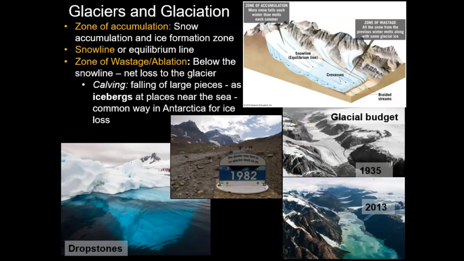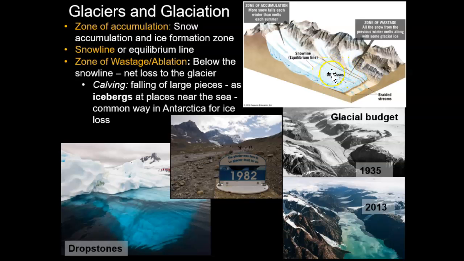The zone below the snow line is called the zone of ablation, or the zone of wastage. This is the area right here. In this zone, there is a net loss to the glacier, as all of the snow from the previous winter melts, along with some of the glacial ice.